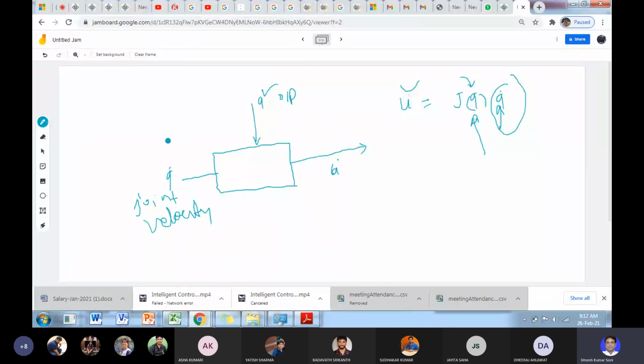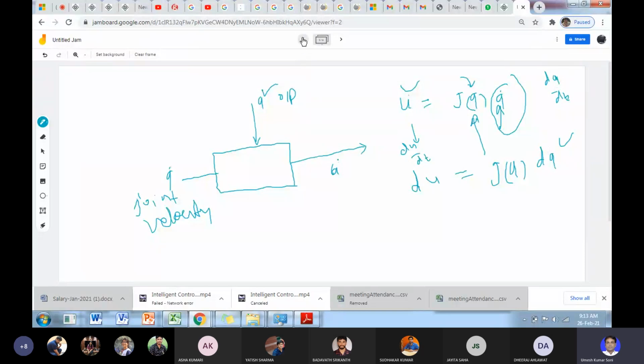It can also be said that du equals J(q) dq, because the dot represents du upon dt, and here the dot represents dq upon dt, and you cancel out dt, then you get this.